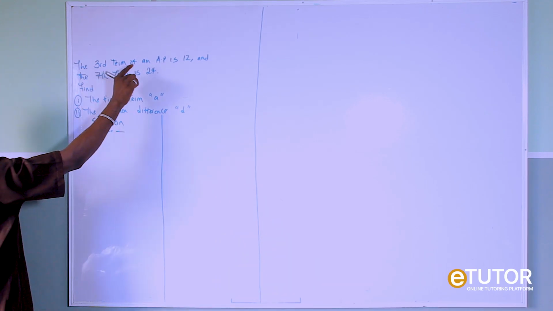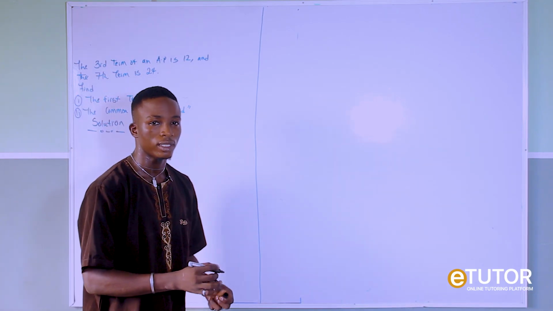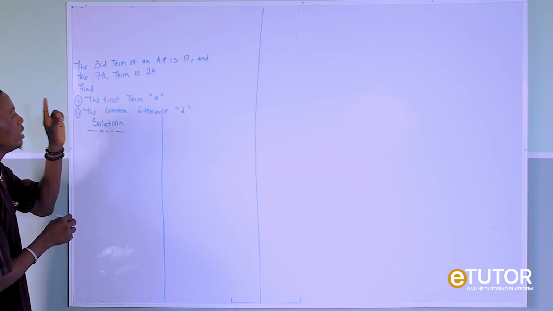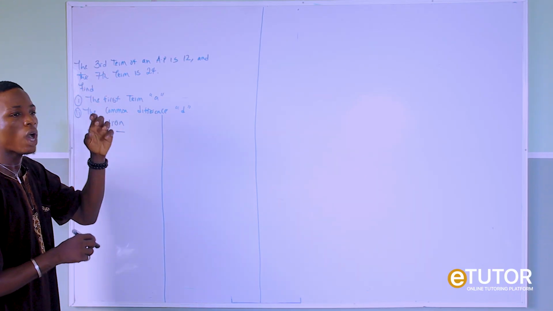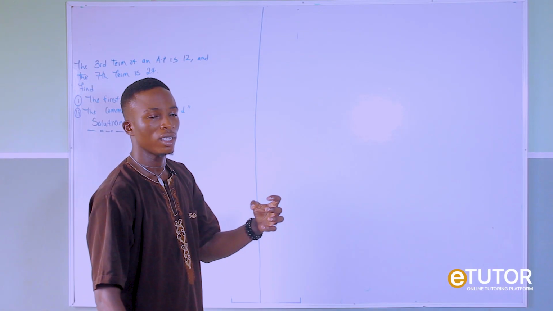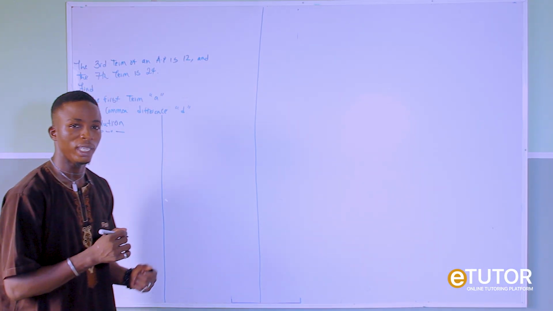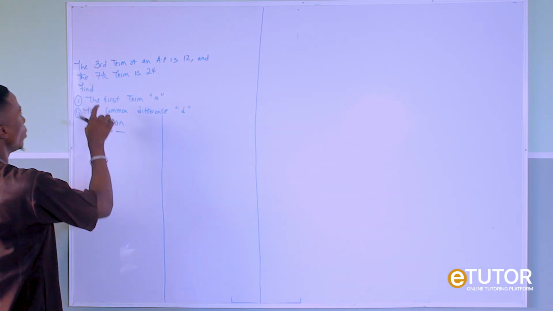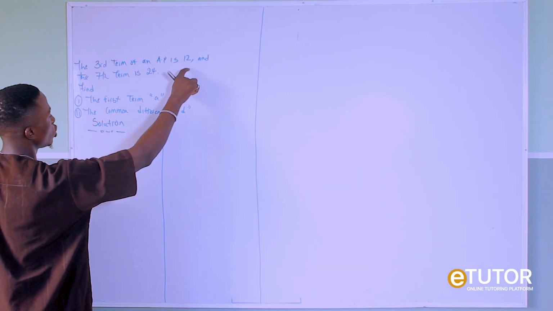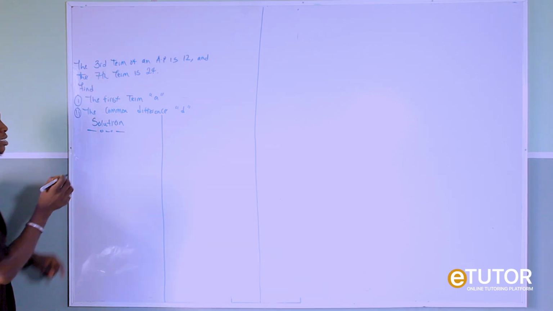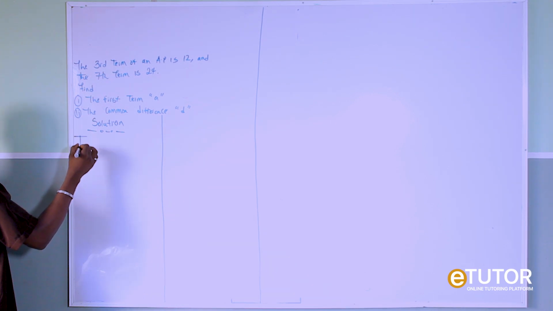So the third term of an AP. Now, to solve questions like this, you need to know how to interpret questions. Now, write out your parameters. That is what you were given in the questions. So now, we have the third term of an AP to be 12. So, third term is represented as T3.